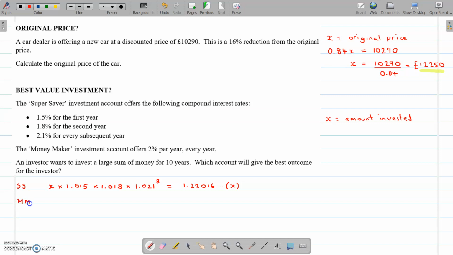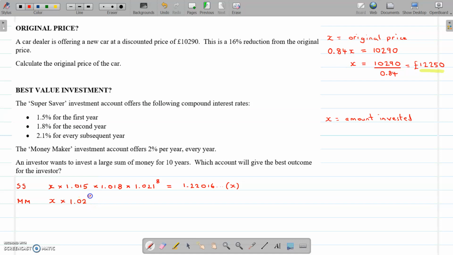That's going to give me X times, well, this is a lot simpler because it's just 2.1%. Sorry, it's 2%. So I'm timesing it by 1.02, which is increasing it by 2%. But I've got to do that every year for 10 years.